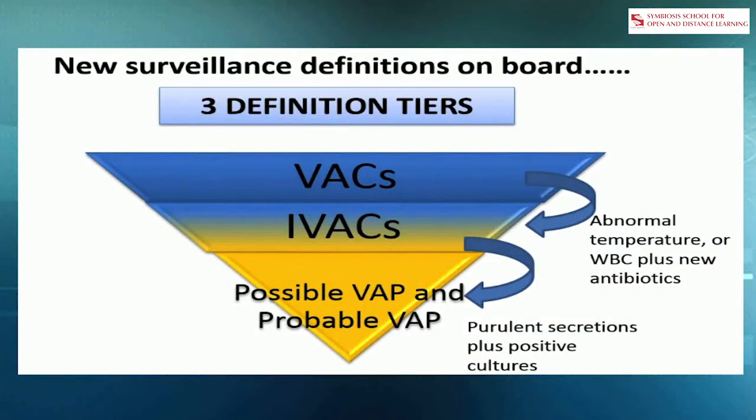He is no more requiring just 40%, but the requirement is 60%, and or if your mechanical ventilator settings, that is requirement of the PEEP, is also going up, in that situation you can think of a VAE or a ventilator associated event. Once you know that this is a ventilator associated event, the next step is whether this is an infection related VAE or a non-infection related VAE.